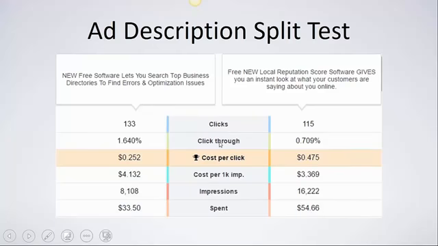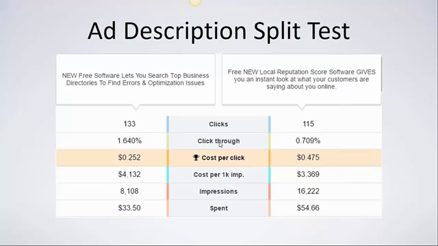So what do you think is the difference? Free new local reputation score software. What is local reputation score software? Who knows? I don't know. Are they scoring my credit?